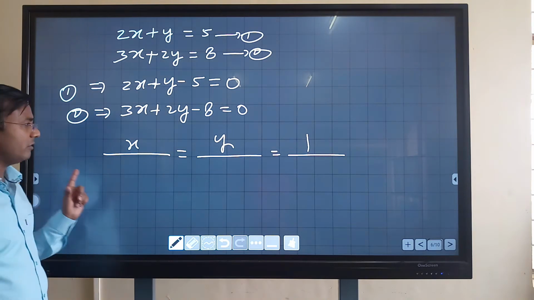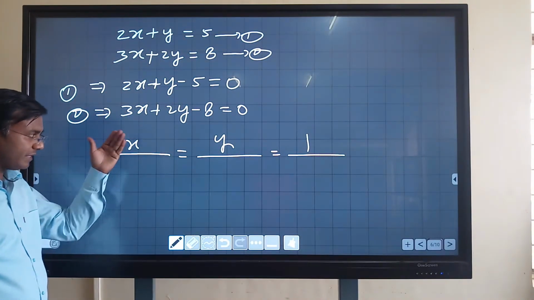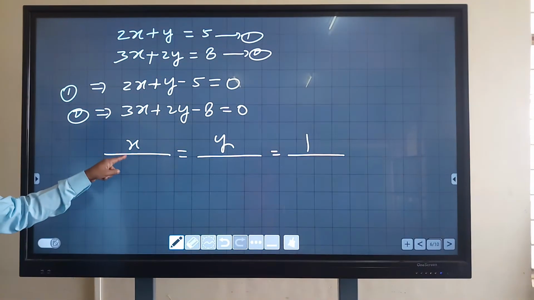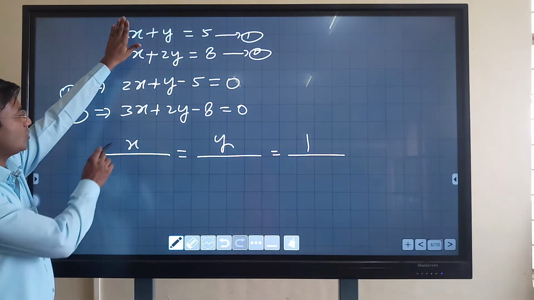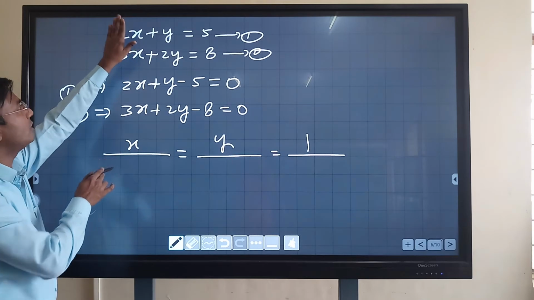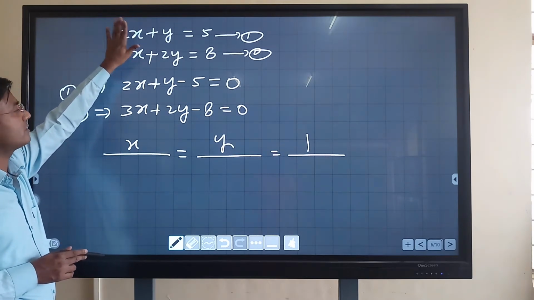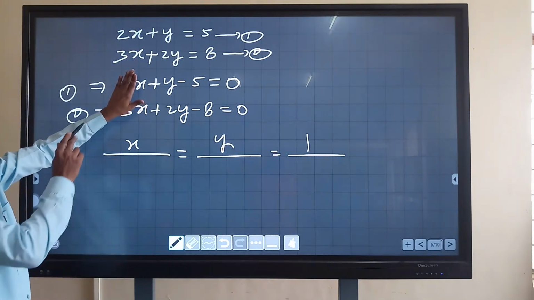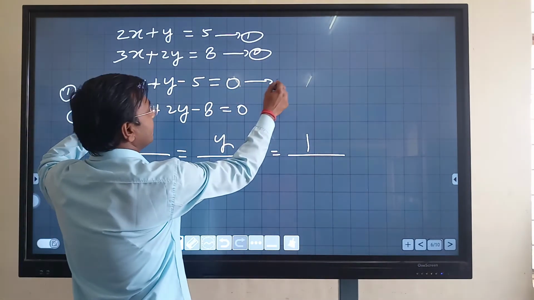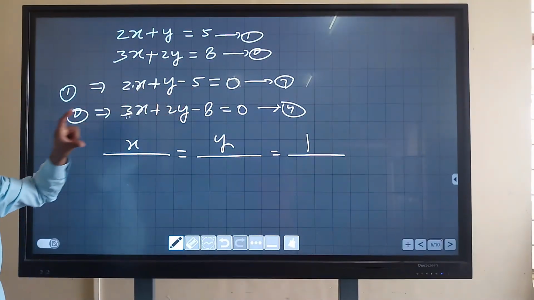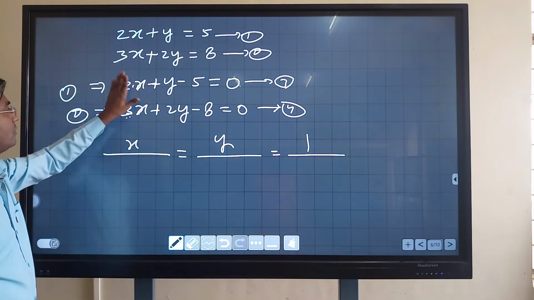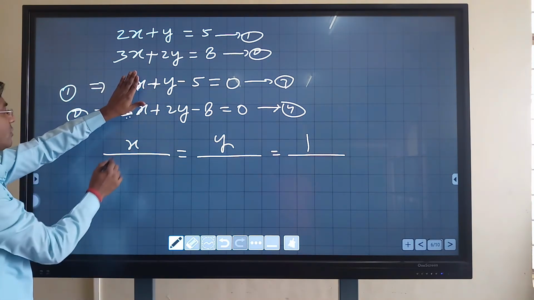Now the next point, I mean the third step: x upon. We have to hide this term because we have to write x upon, so hide all these elements in this equation. Just forget first and second, now third and fourth. So hide this 2 and 3. What are the coefficients?